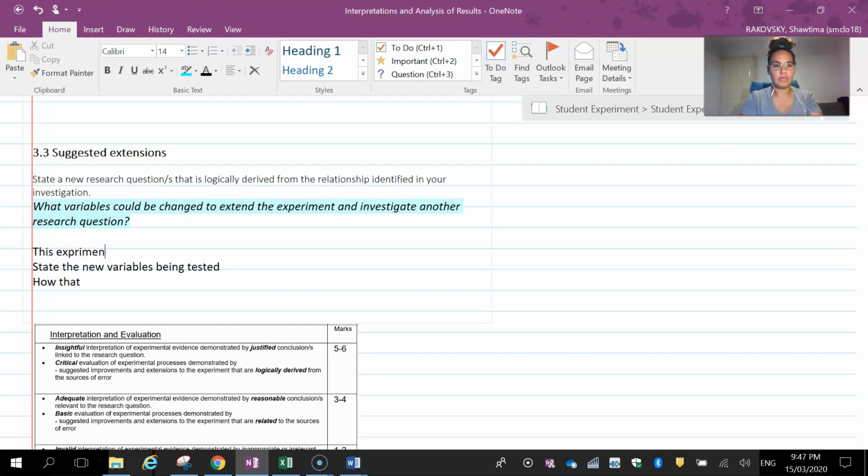Experiment could be extended considering variables. And then you would state what those variables are, and then how that relates to your experiment. Not the original one, your experiment.